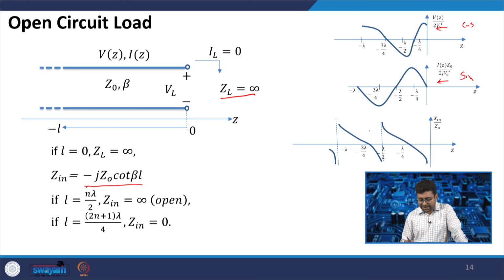So, you can see the cot function at lambda by 4 line. Here it is an open circuit, but at lambda by 4 line it is a short circuit. So, open will be converted to short, that is (2n+1) lambda by 4, that is Zin is equal to 0.